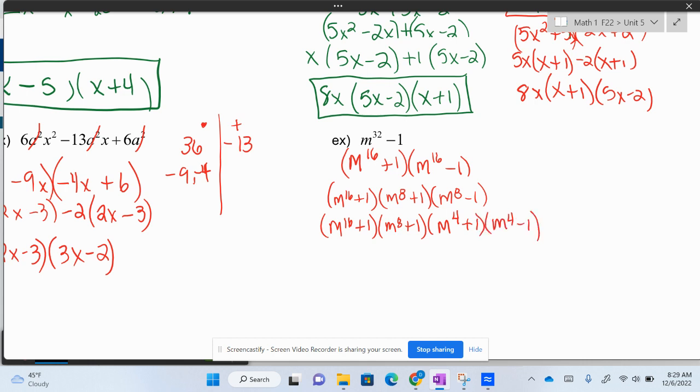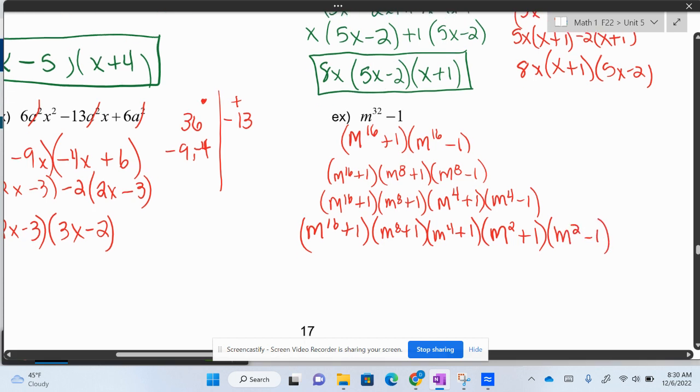I always try to put my minus last when I have a big term like that, so I'm always just refactoring the last term. So again, I have m to the 16th plus 1 times m to the 8th plus 1 times m to the 4th plus 1. But that m to the 4th minus 1 breaks down to m squared plus 1 times m squared minus 1.